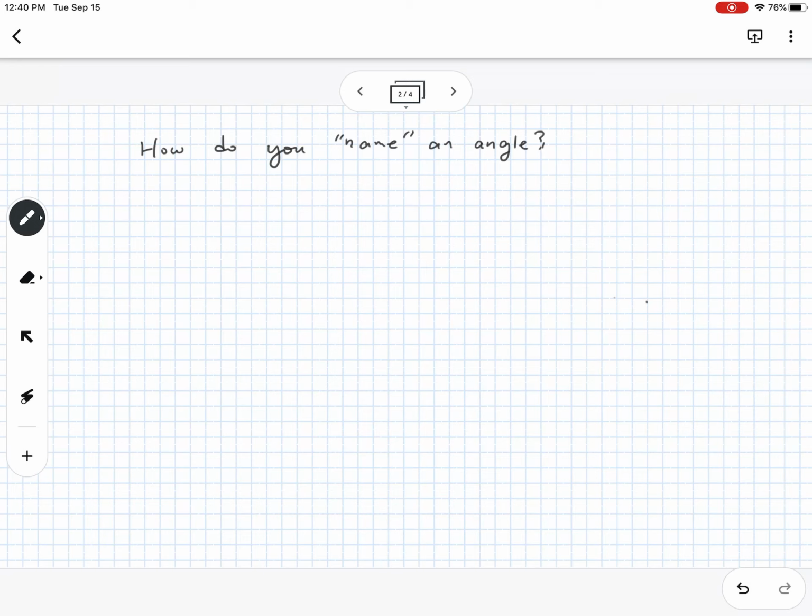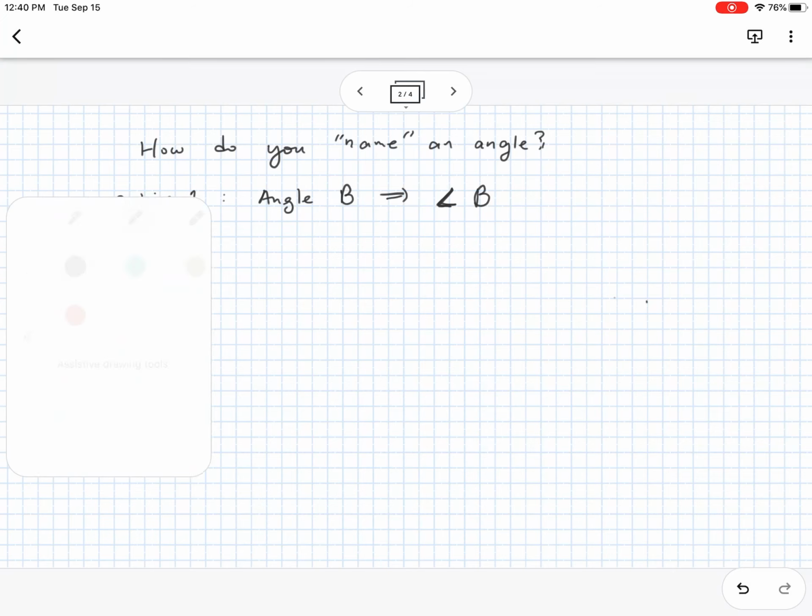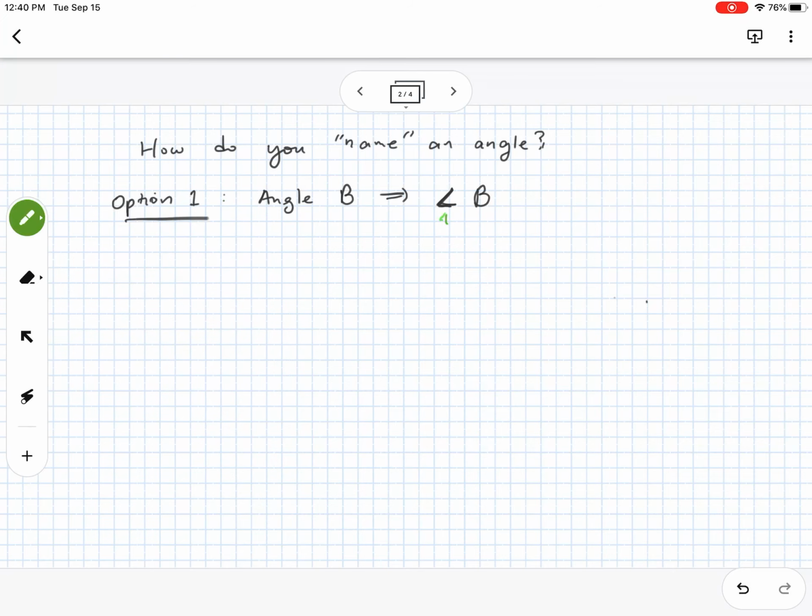But you would say that your math teacher is Mr. Koo, your English teacher is someone else, your science teacher is somebody else. We all have names, and in the same way, we can name angles. So here's one way that we can name an angle. Option one is to name it by calling it angle and then a letter like B, or to write that a different way, this symbol right here and then that letter right after it.